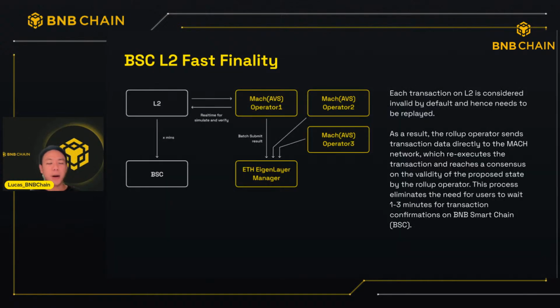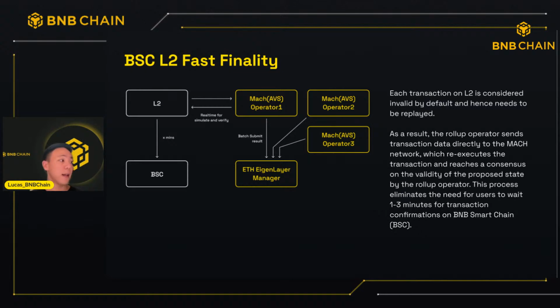BSC Layer 2, our Layer 2 scaling solution, also offers fast finality. And what do we mean by that? Typically on a Layer 2 solution, all the transactions will be bundled together and sent to Layer 1, and only be finalized on Layer 1 before they can be finalized on Layer 2. Our partners have come up with this new Mach AVS concept to allow you to achieve faster finality on Layer 2 itself.